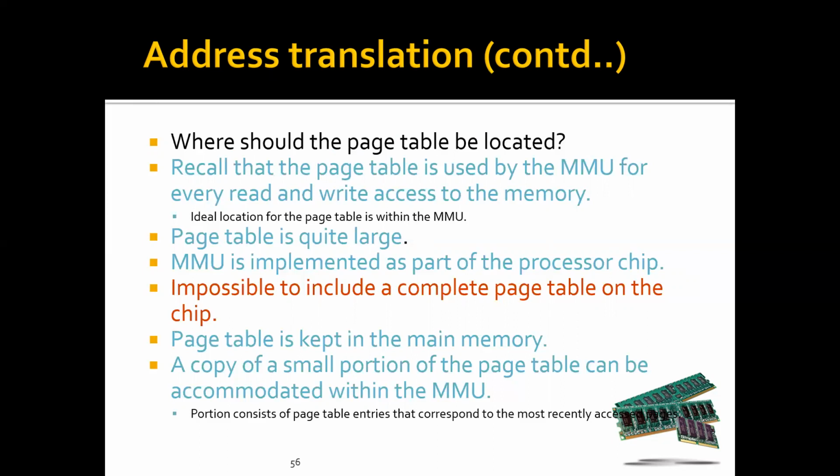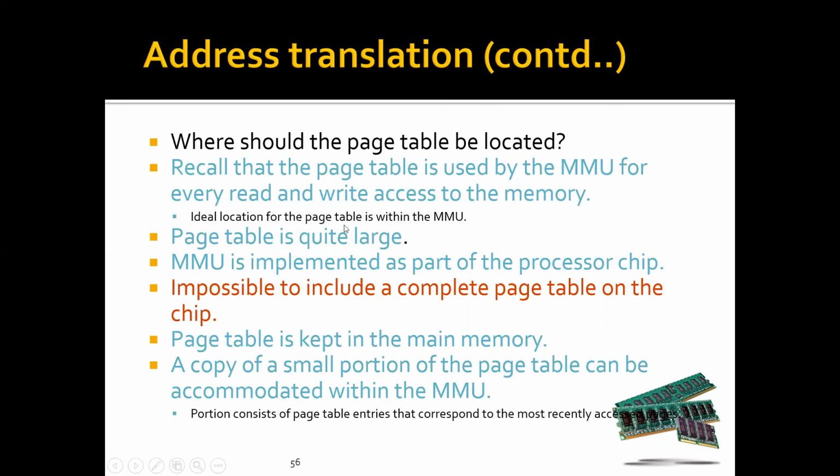So what do we do? Instead of keeping it inside the processor, we keep it in the main memory. However, a small part of it which is very frequently used can be kept inside the processor. Here, the page table is used by the memory management unit for every read and write operation.